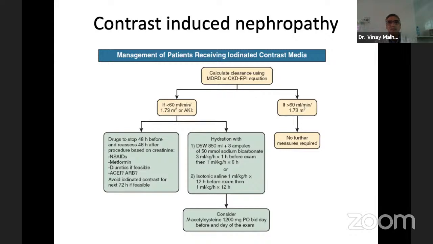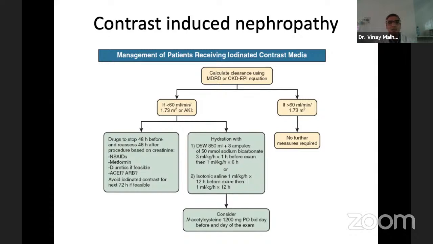First of all, we should calculate the eGFR based on the equations. And if eGFR is more than 60 ml per minute per 1.73 meter square surface area, no further measures are required. But if the eGFR is less than 60, certain drugs are to be stopped before subjecting the patient to the contrast. Many of our diabetic CKD patients have coronary artery disease also, so they are subjected to coronary angiography also.